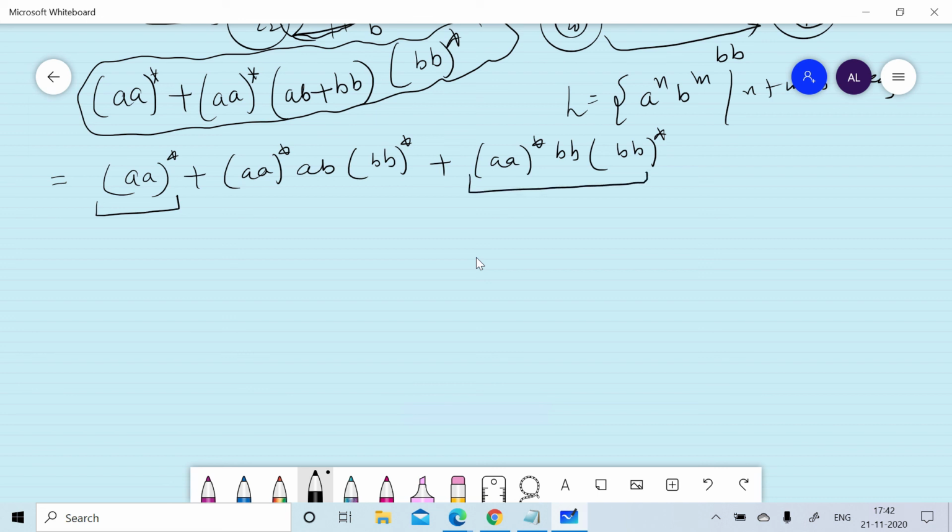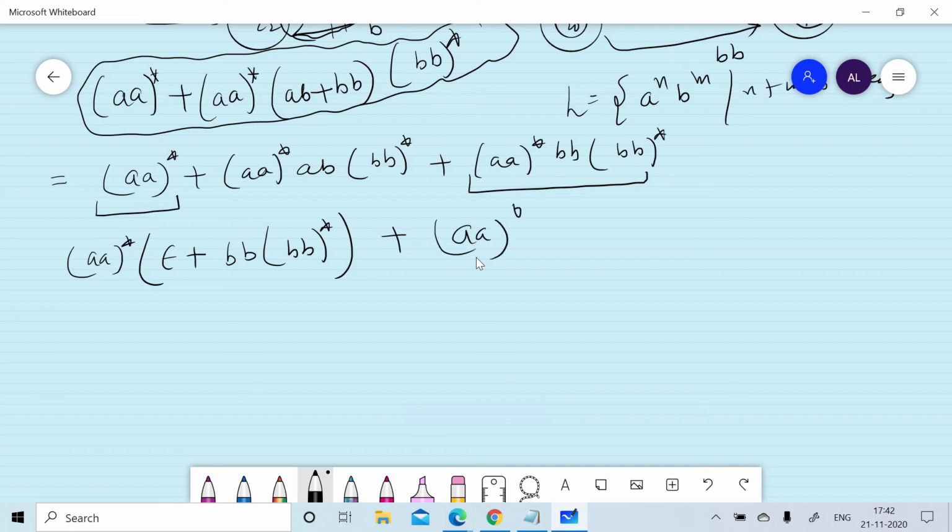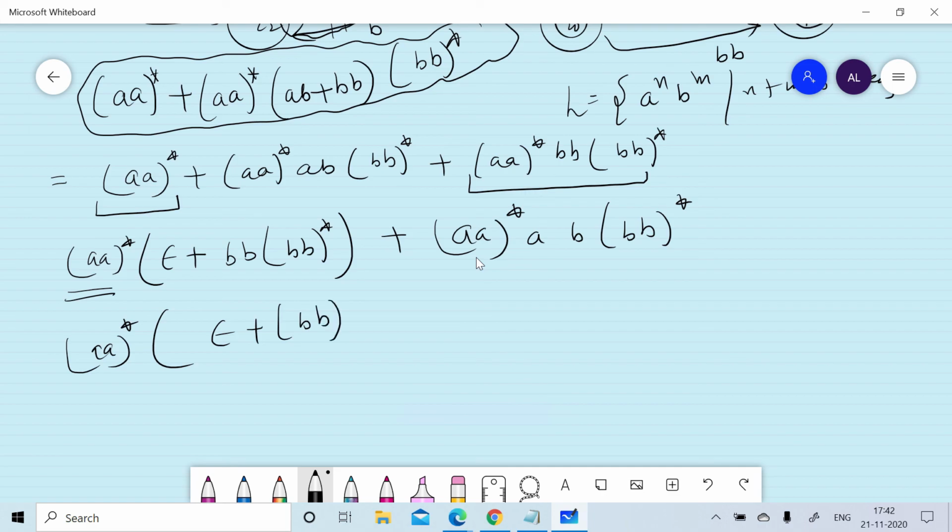Because this is the case of even a, even b, we can take (aa)*, that is null, plus bb(bb)* plus (aa)*a(bb)*. We will get (aa)* plus null plus (bb)*. Instead of star, we will get plus.